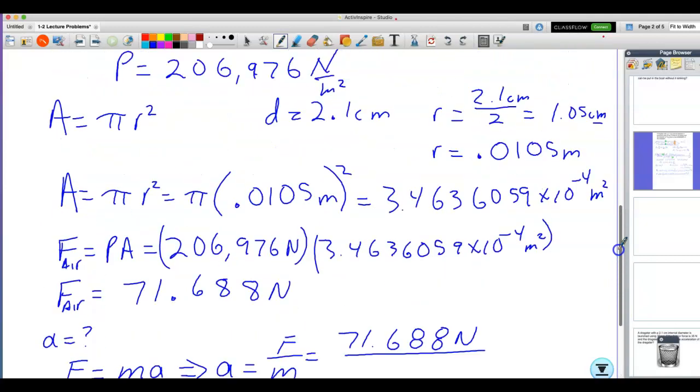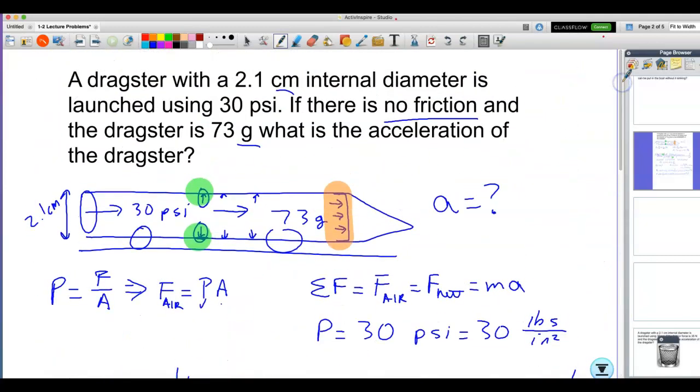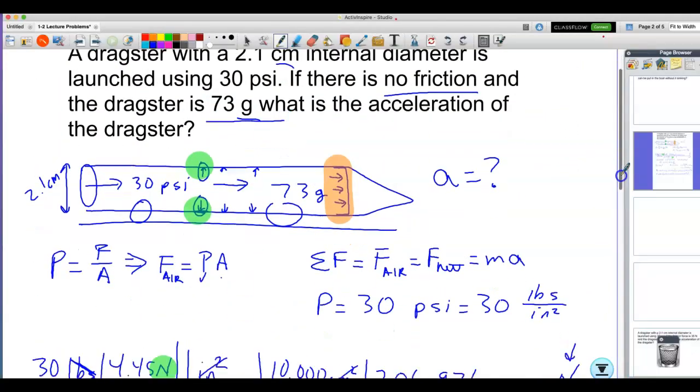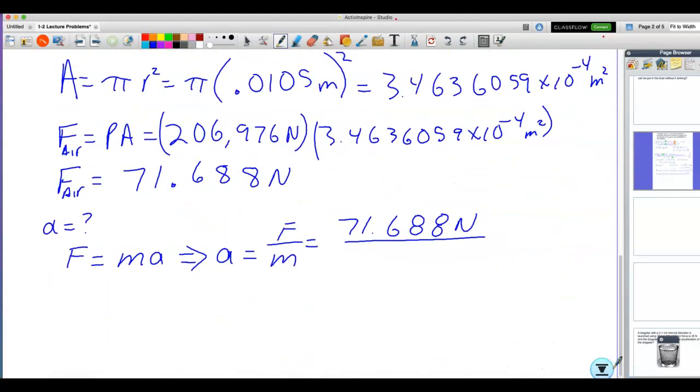If we go back up and look, where was our mass? Oh, right here, 73 grams. But that's not what we needed, right? Because remember, a Newton is a kilogram meter per second squared. So we've got to change that to kilograms.